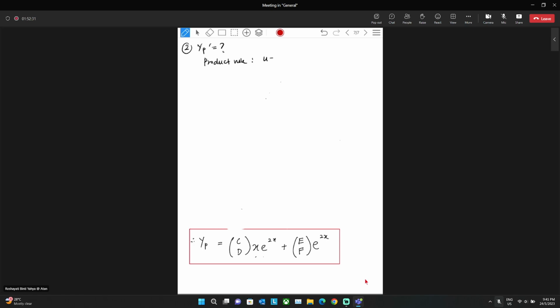So product rule: U V prime plus V U prime. So it becomes x times 2 exponential 2x plus exponential 2x.